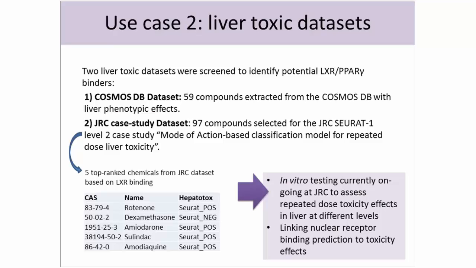They are going to test these compounds to find out experimentally which is the AOP for each of them. This is something that is ongoing, so we don't have this experimental information at the moment, but we have run an array of tools on this data set. So now we are waiting for those results to see how our results compare, whether they improve the information about these hepatotoxic molecules.